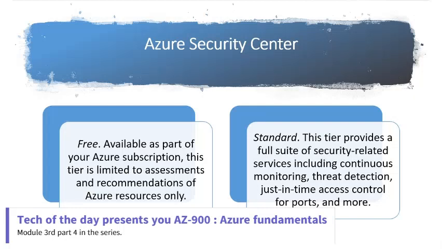When Security Center identifies potential security vulnerabilities, it creates recommendations based on the controls set in the security policy. To upgrade a subscription to standard tier, you must be assigned the role of subscription owner, subscription contributor, or security admin.